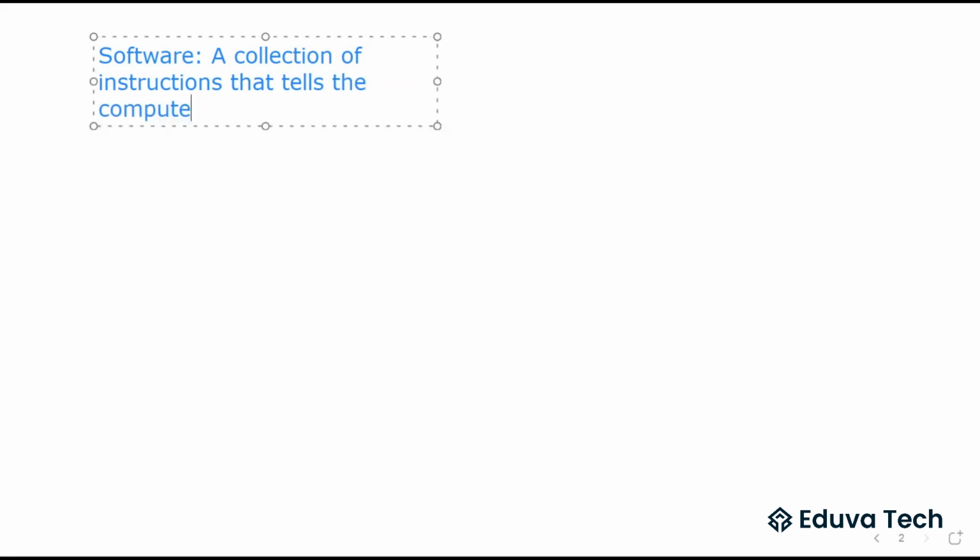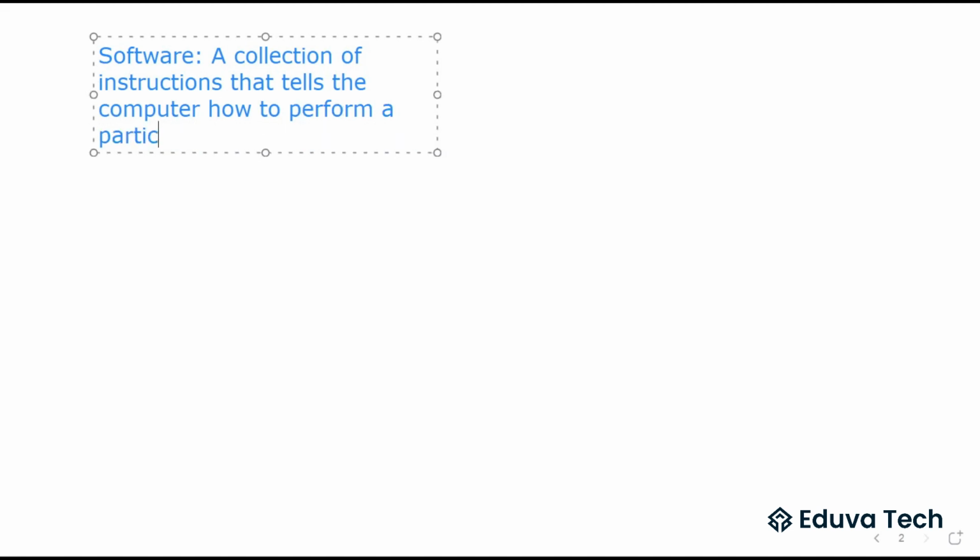Then our software. Software is a collection of instructions that tells the computer how to perform a particular task.